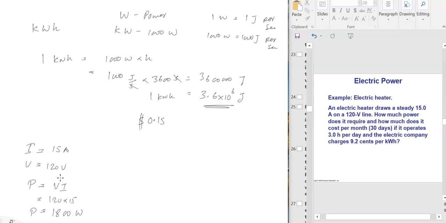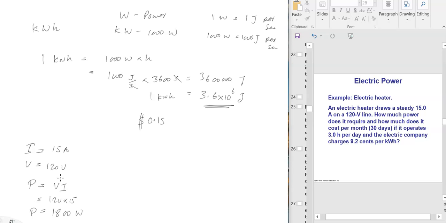And how much does it cost per month if it operates 3 hours a day and the company charges this many cents per 1 kilowatt hour? Okay, so the summary of this question is, what's the total cost if you use it for 30 days and 3 hours per day?